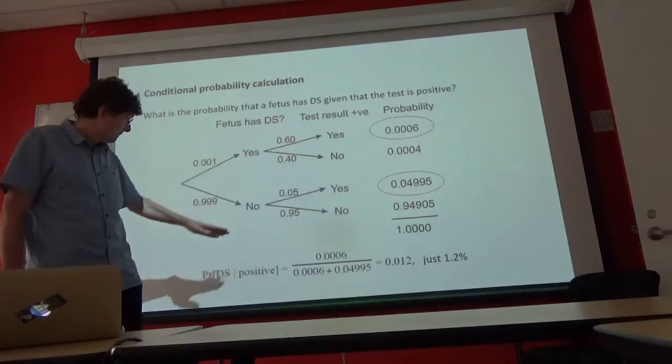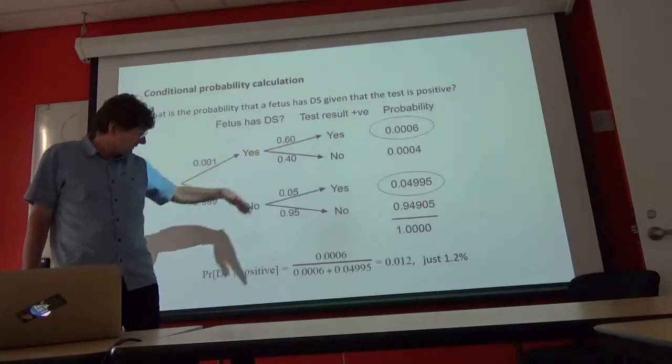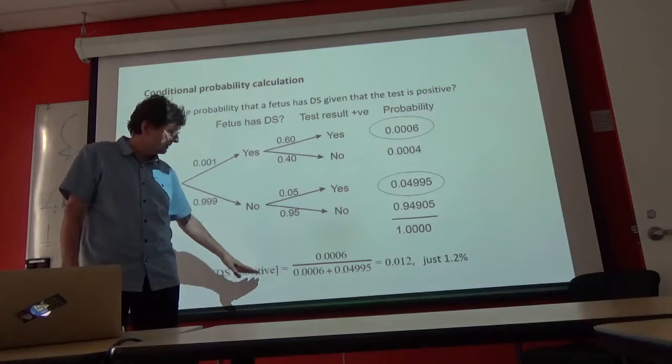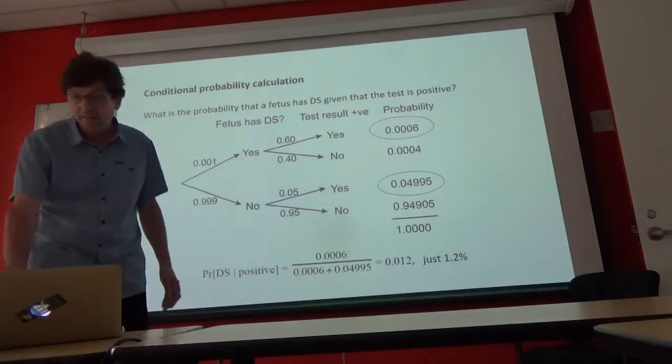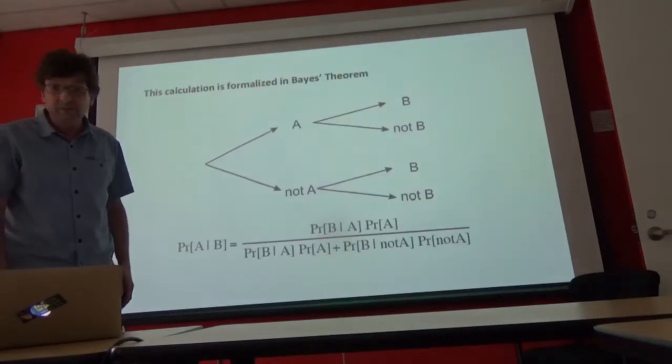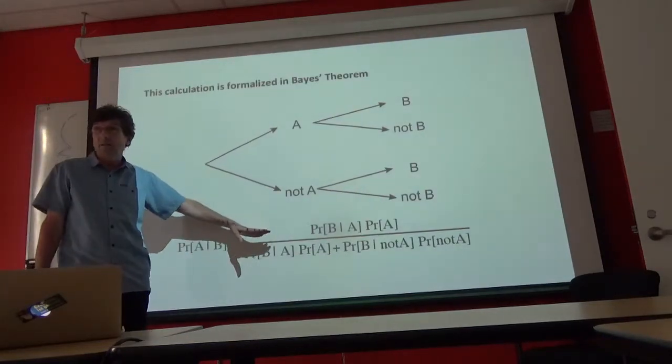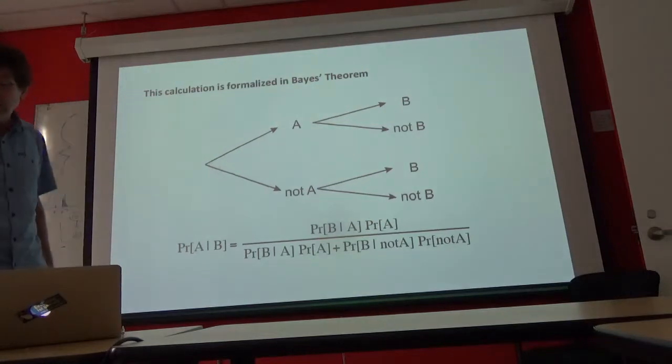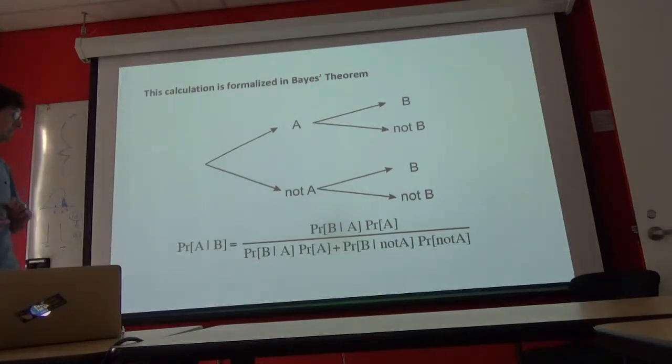Okay, so I've shown you intuitively how you can calculate the probability of Down syndrome given a positive test result. And basically what I've shown you is Bayes' theorem. And that can be formalized using this equation, which is exactly what I just did intuitively.